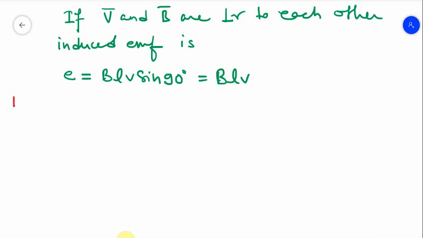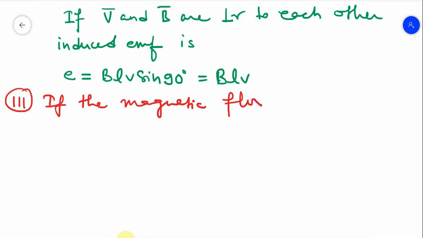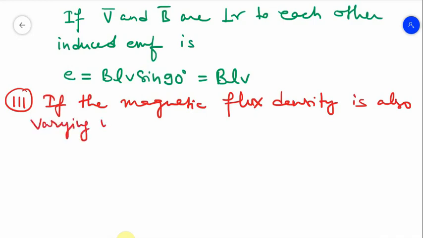Now the third case, in case the magnetic flux density is also varying with time, means this is rotating and the magnetic flux density is also varying, then if both conditions are prevailing, the induced EMF is the combination of transformer EMF and generator EMF.